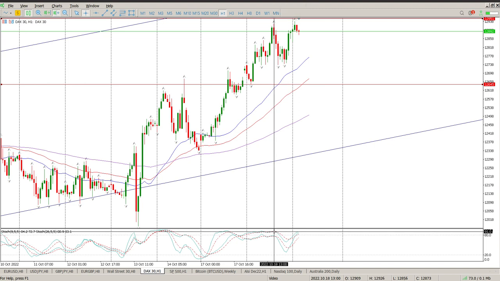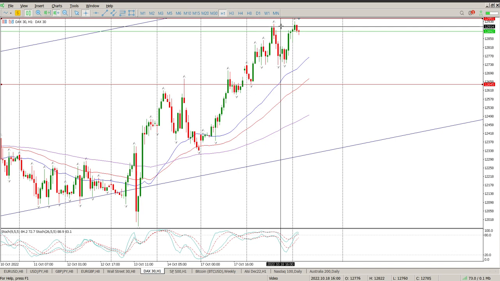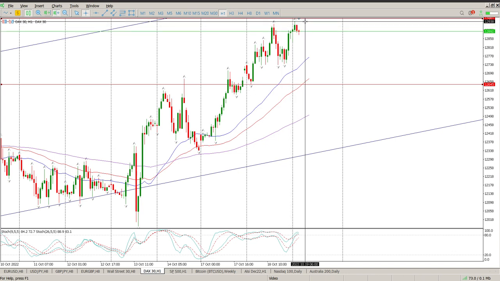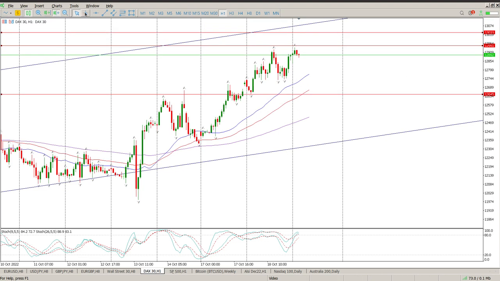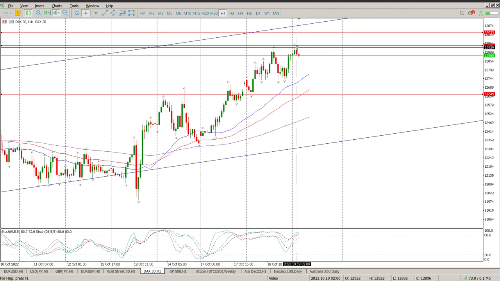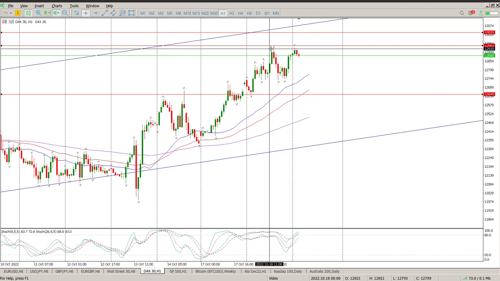Just get this, well, kind of a double top. So we've got price making a slight high there. Just do this so everybody can see. See the high currently there, and look at the previous high of yesterday.